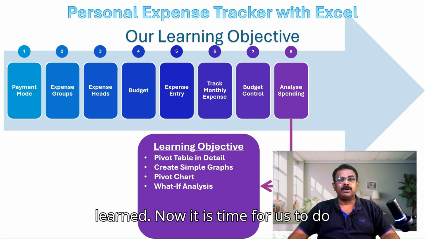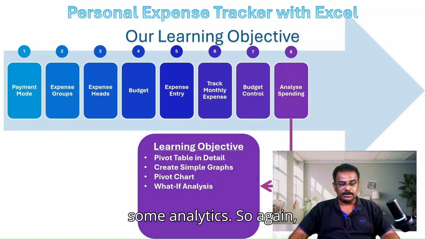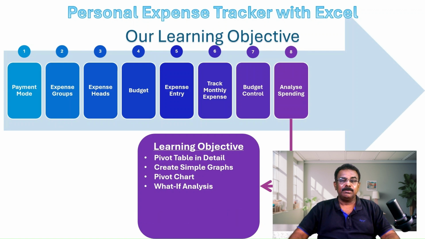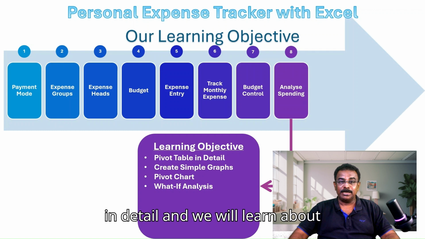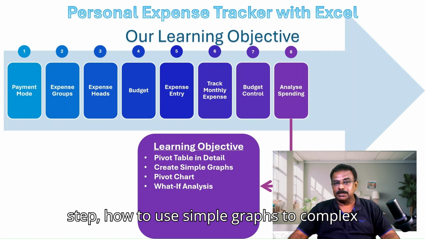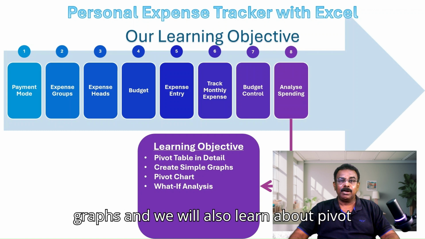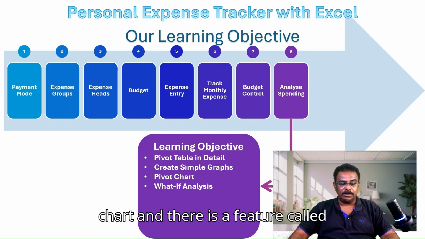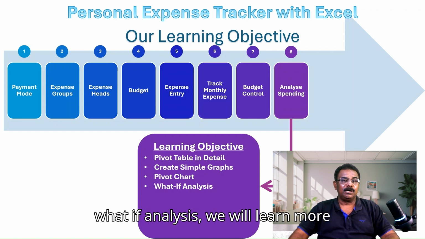Now it is time for us to do some analytics. So again, we will be learning about the pivot table in detail, and we'll learn how to create graphs. We'll go step by step from simple graphs to complex graphs, and we will also learn about pivot charts. And there is a feature called what-if analysis. We'll learn more about it.